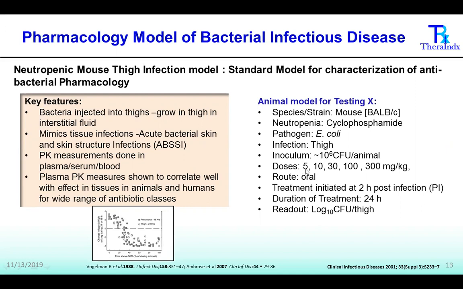And the doses studied were 5, 10, 30, 100, and 300 milligrams. It's administered orally, and the treatment is initiated at 2 hours post-infection. The duration of treatment is 24 hours. I'll come back to this in a minute in the later slides. The main readout in this model is the bacterial numbers in terms of log CFU per thigh.